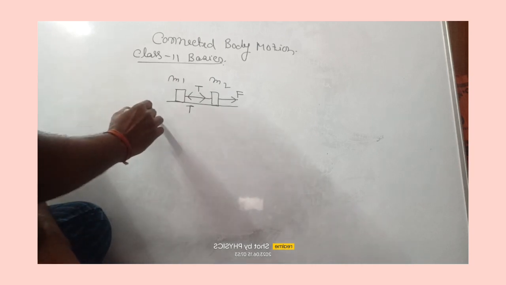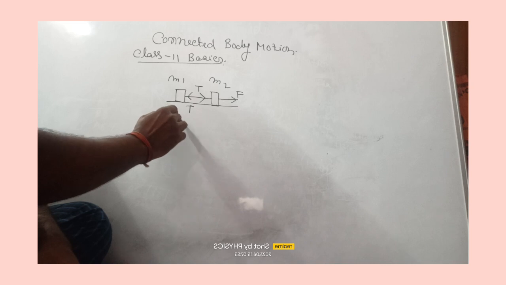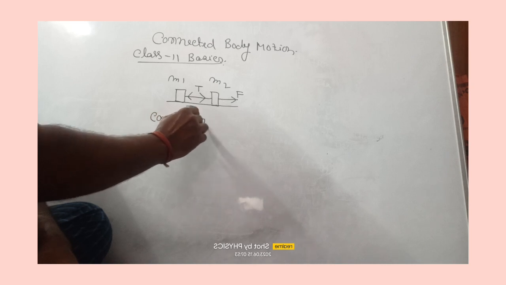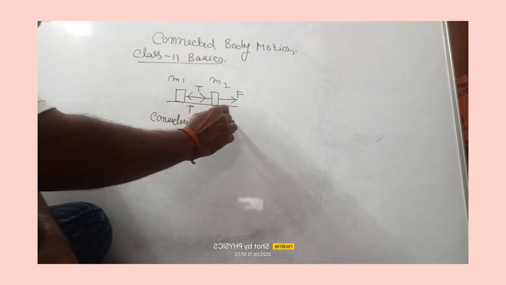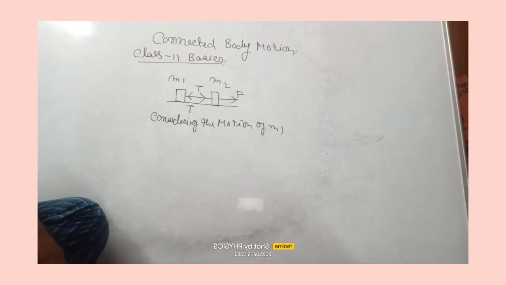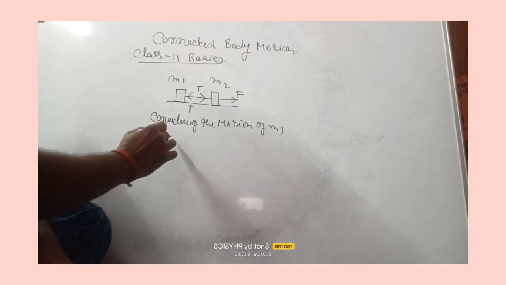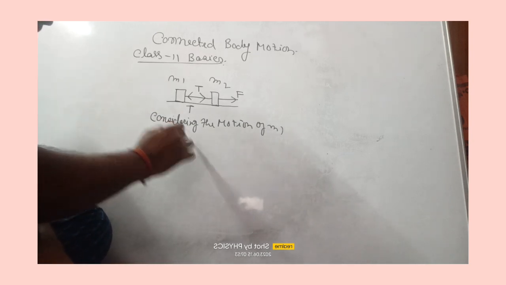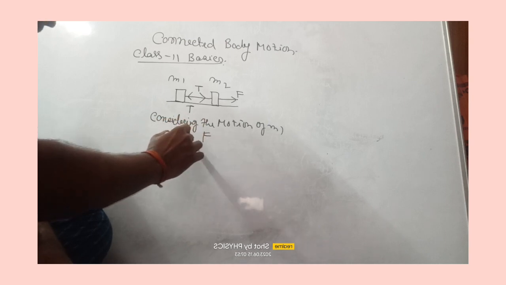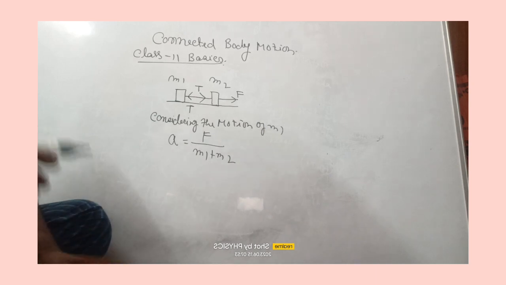Now considering the motion of m1, first we have to find the acceleration of the system. Here the linear acceleration a is equal to force by total mass, F by m1 plus m2.